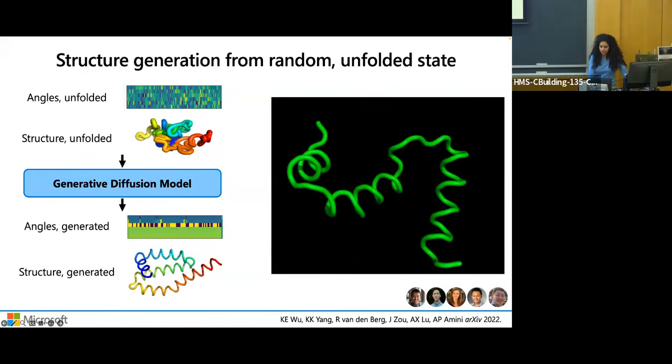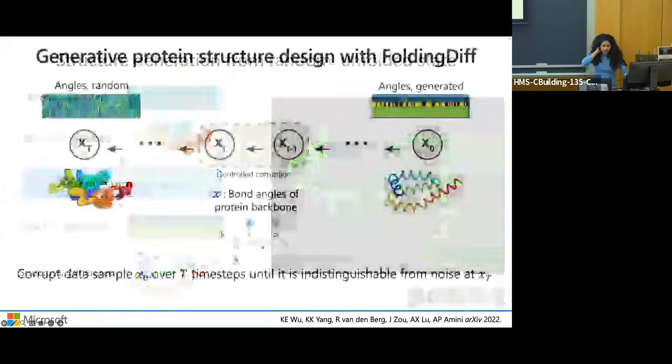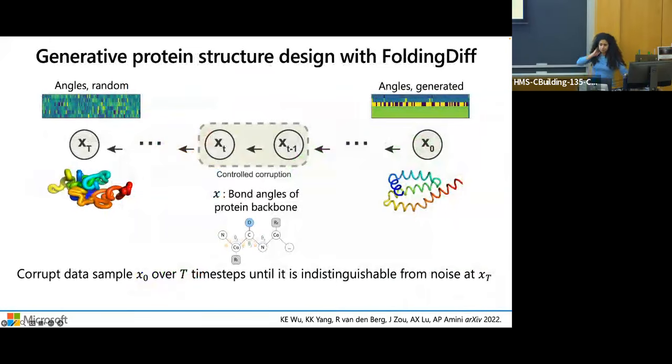We're going to get into a little bit of the details of our model and our method, and a taste of the results, before moving on further. Because of this natural inspiration we draw from the native biophysics of the protein folding process, we call our method FoldingDiff, for folding diffusion for short.